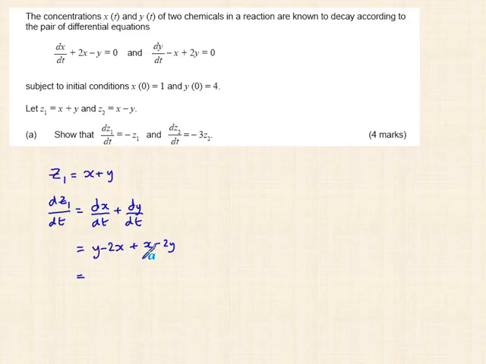So that gives us minus x minus y, which is minus (x plus y), which is minus z1.